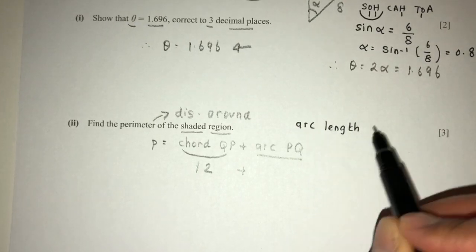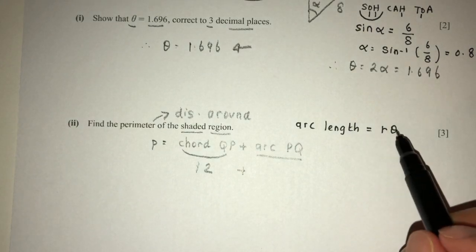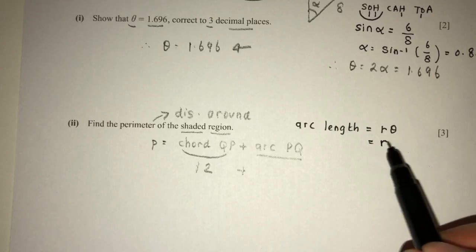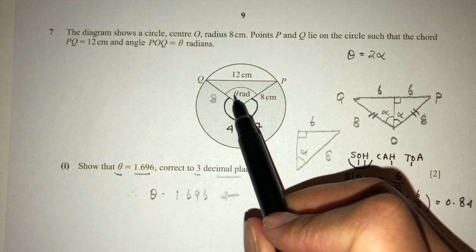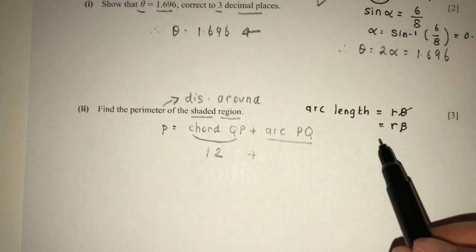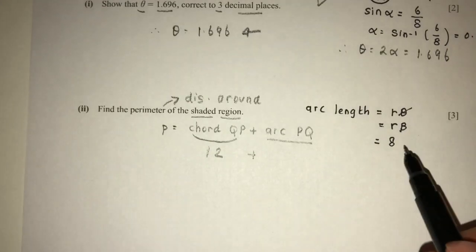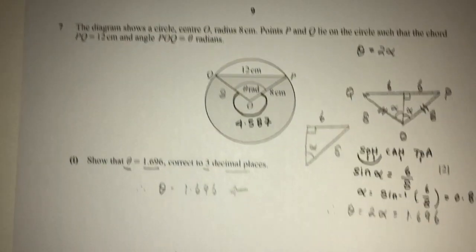Arc length is found by using r theta, so let's not call this theta here. Theta is just the angle. Let me call this r beta, because we have used theta here already. We don't want to confuse you, so we just change the name to beta. So radius, as you have seen, it is 8. It's given to you. Now beta, as you can see, it is this angle here, which is 4.587.